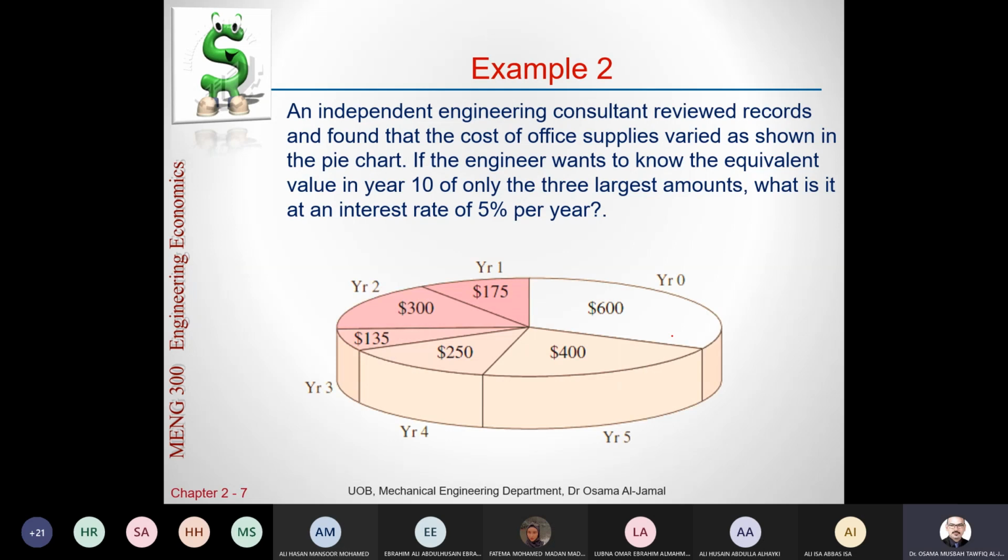Let's see the second example. Need you to work very fast now. An independent engineering consultant reviewed records and found that the cost of office supplies varied. The cost of office supplies had high expenses. So we know it's downward.